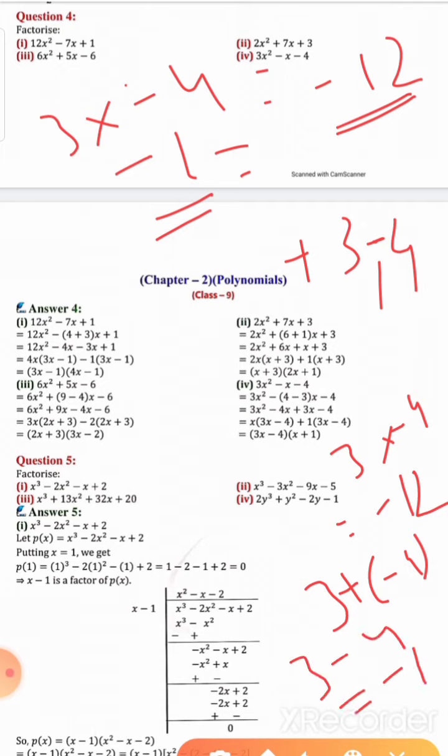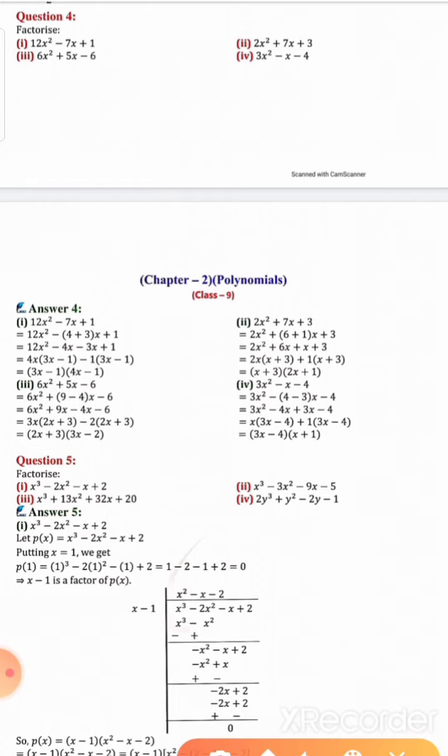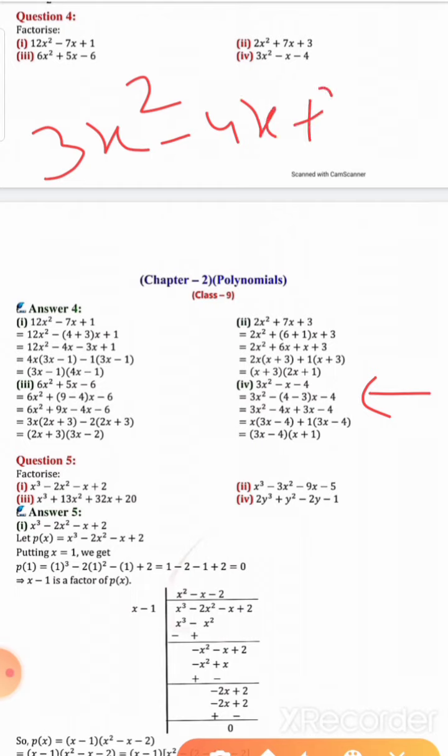So we split minus 1 by two numbers, 3 and minus 4. Substituting in our step, we get the step as 3x square minus, in the bracket, 4 minus 3 into x, minus 4. Multiplying this step, we get the polynomial 3x square minus 4x plus 3x minus 4.